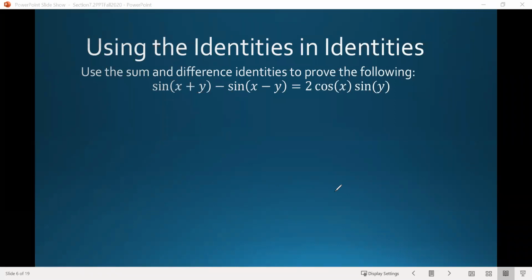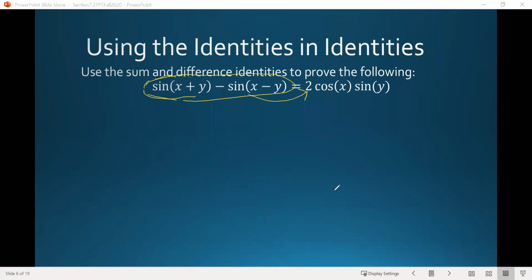Now, as we've talked about in the past, there are lots of different ways to approach a problem like this, but one of the usually tried and true ways is to choose one side and make it equal to the other one. In this case, I'm going to choose the left-hand side and try to make that equal to the right-hand side, which, as we've seen, is generally a winning strategy.